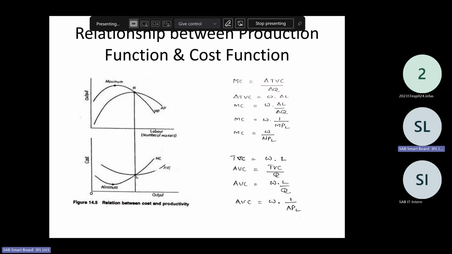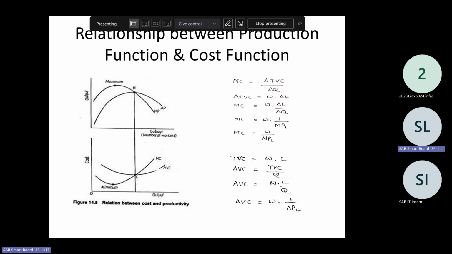According to that explanation, even in the production function, now if you see this one, the marginal cost we identified is delta TVC divided by delta Q. Marginal cost is mainly explained by the variation of the total variable cost with respect to changing output.